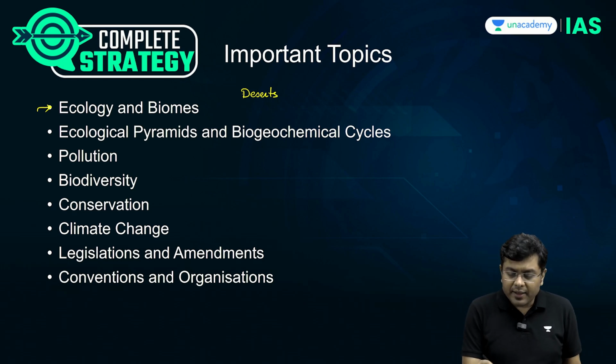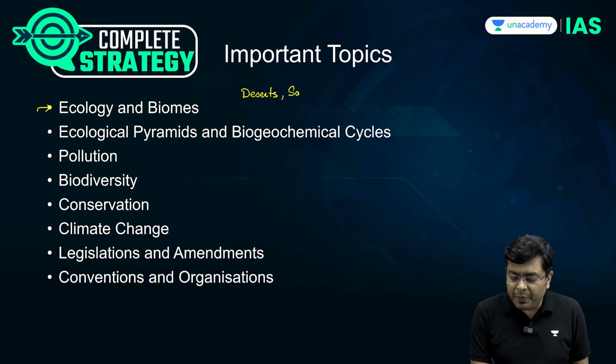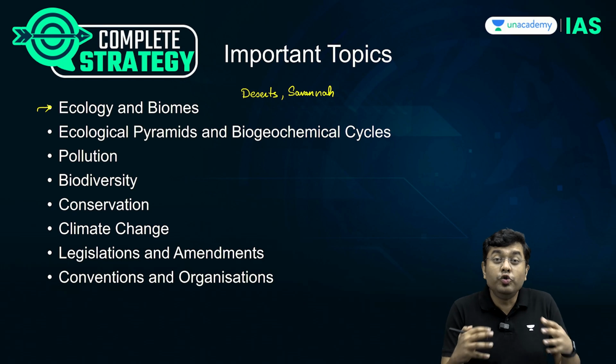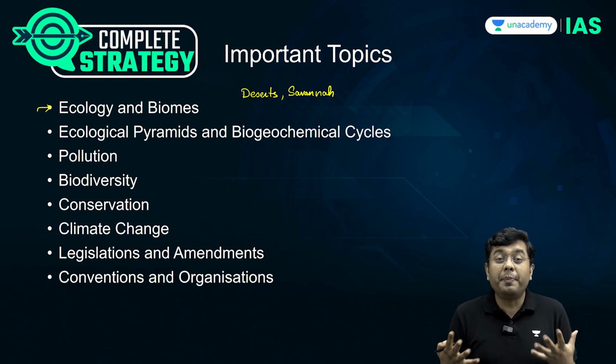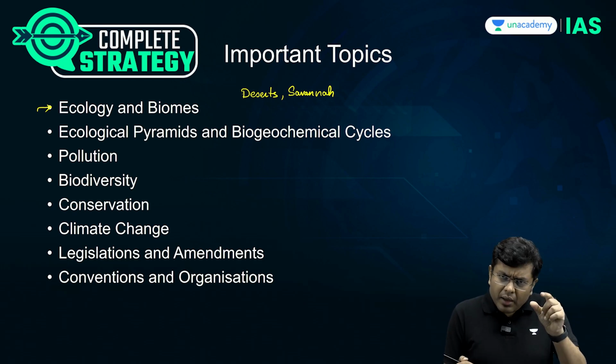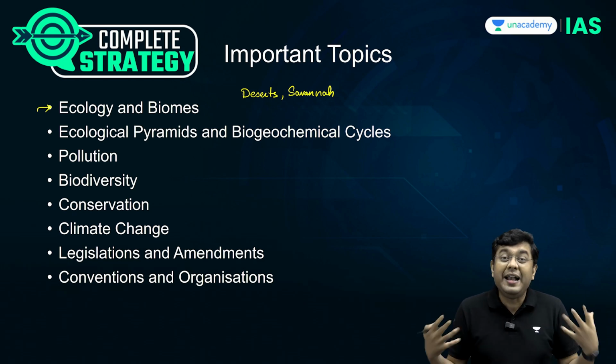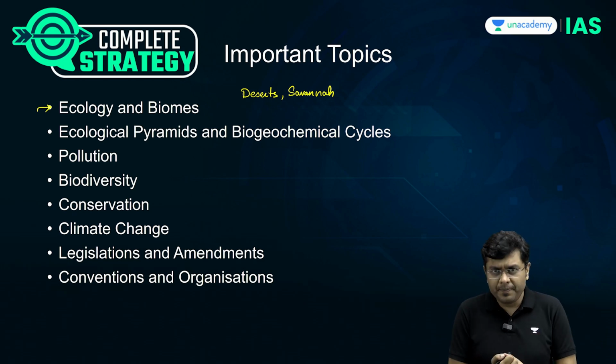Climatology. Then, what are the adaptations that the species indicate in the savanna region? How will you be able to understand that? When you know that savannas are tropical grasslands. Less wet season, long dry season. Wildfires are very common.